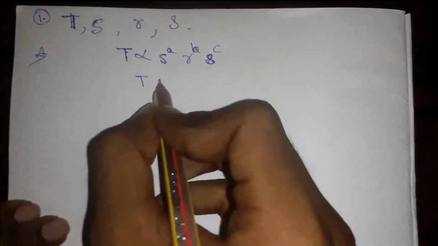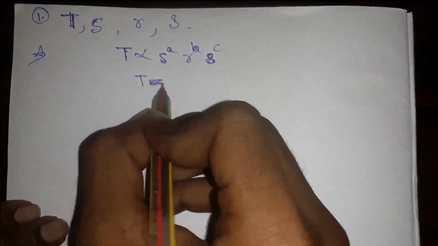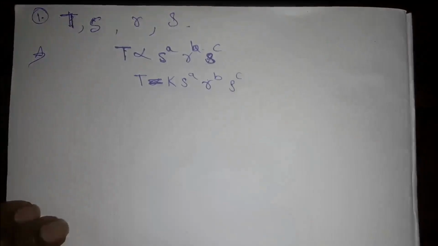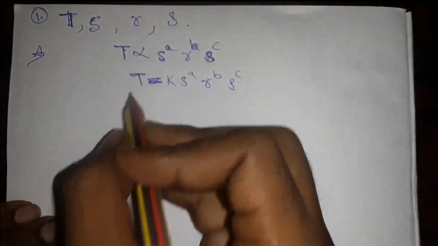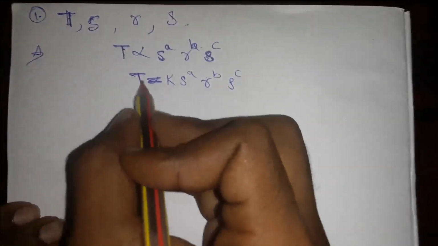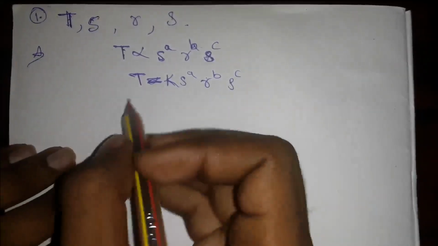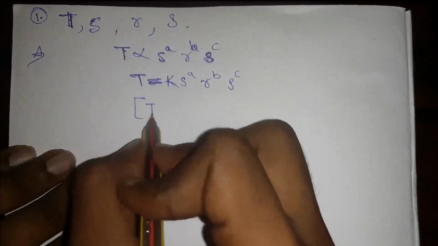Let's remove the proportional sign. We get T equals K, S power A, R power B, rho power C. So let's start making this dimensional.